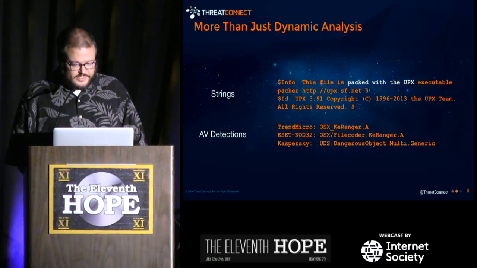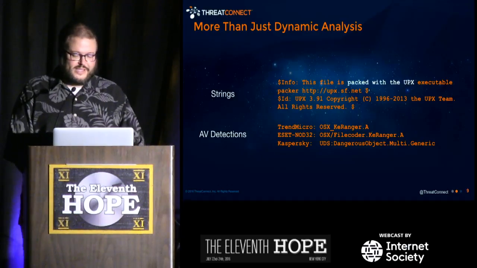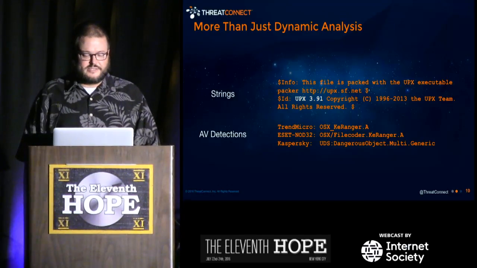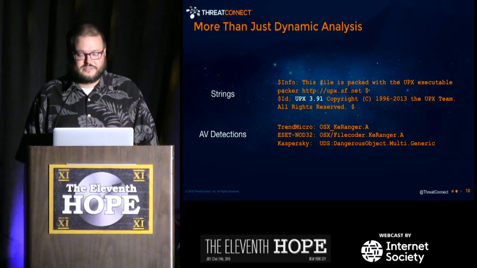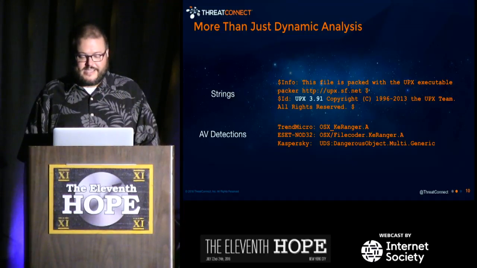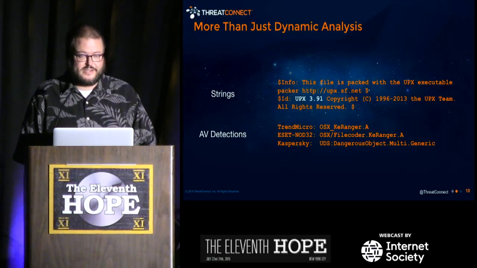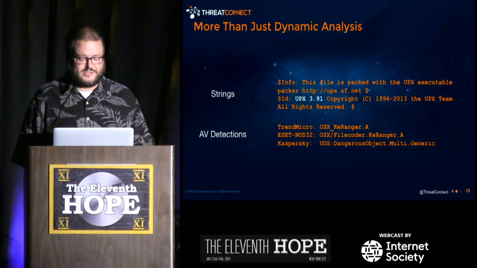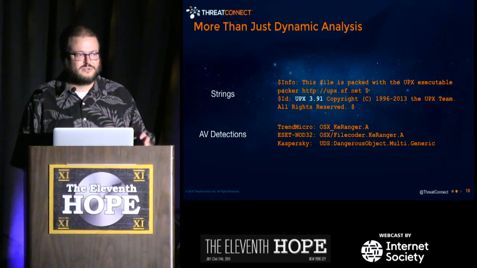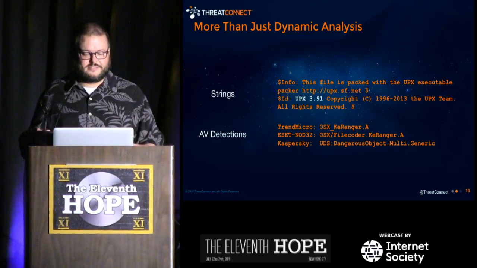So I ran this through strings, and you can see here that it's been packed with UPX, and in addition, with a particular UPX version. Of course, this data can be forged by the malware author, but I'm just going to say maybe they're not. So I've shortcut my analysis process, and I know the packer that I need to use to look at this piece of malware and find the unpacked source code.